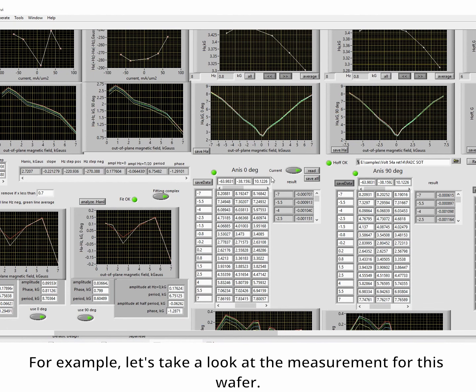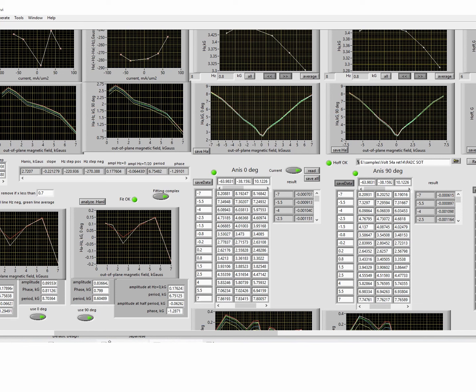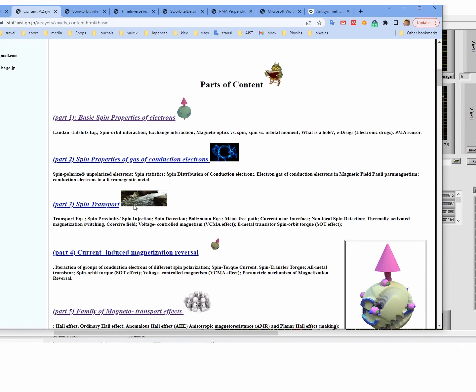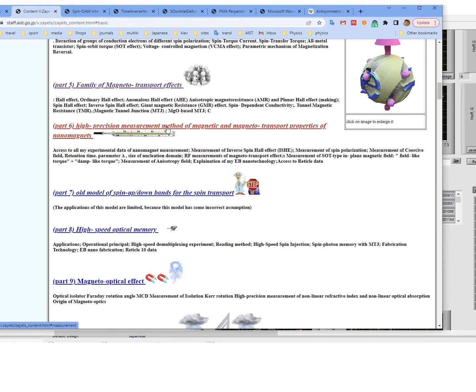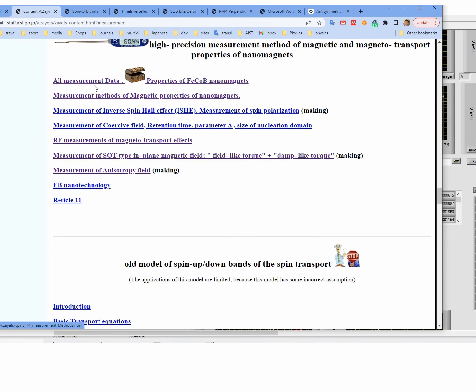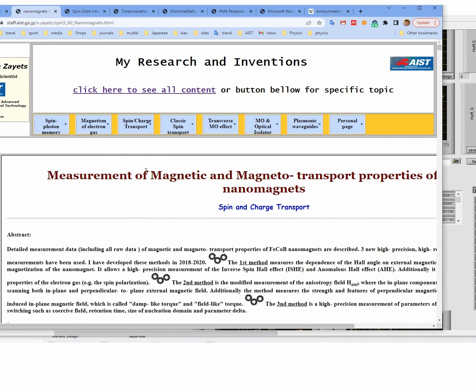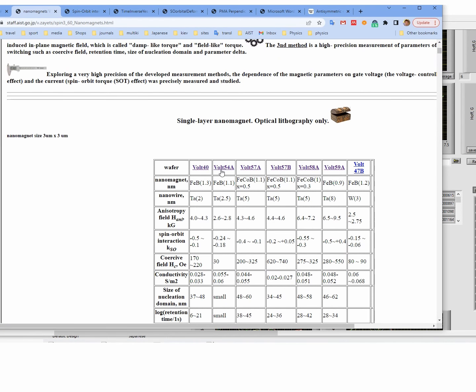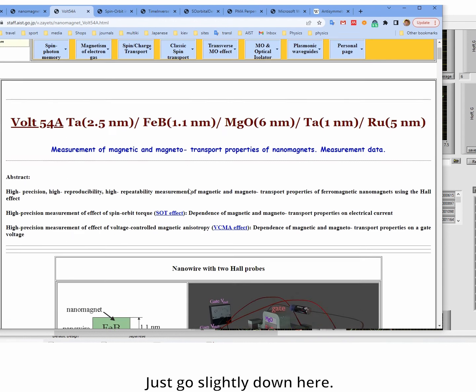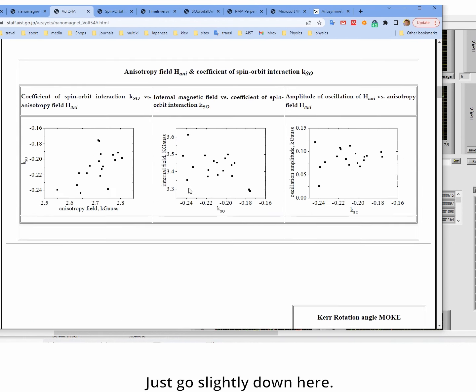For example, let's take a look at the measurement of this wafer. Just go here, all measurement data. It's this sample. Just click and go slightly down here.